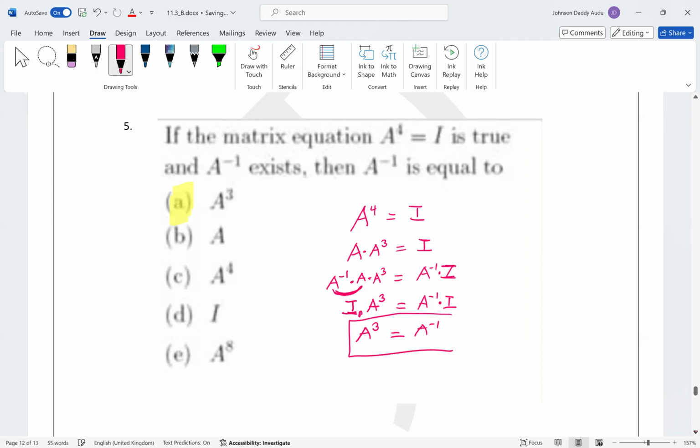So it means that your A inverse is equal to A to power 3. So this is just using which idea? You can write A to power 4 as A times A to power 3, then you multiply both sides by A inverse. So A inverse times A will go to I, and you arrive at this: A inverse is the same thing as A to power 3.